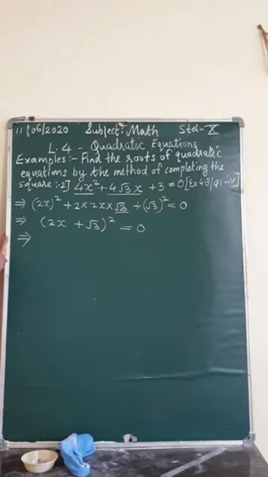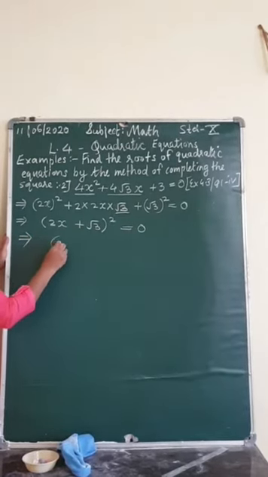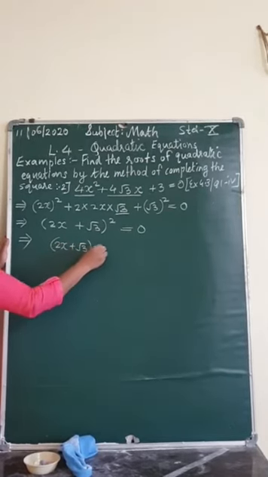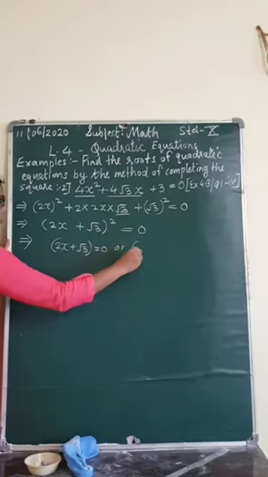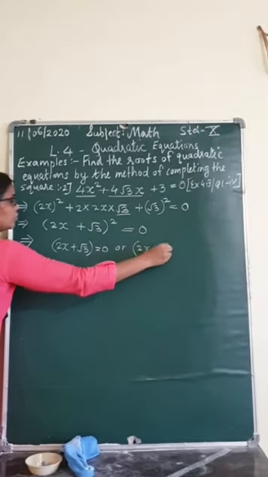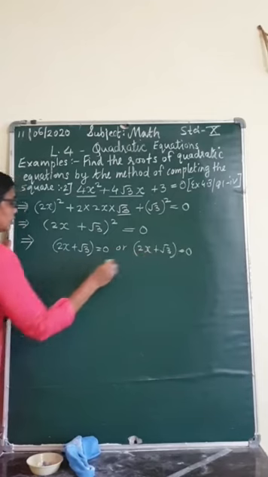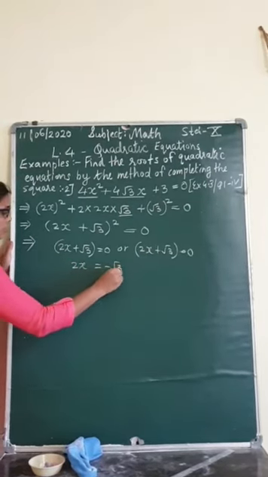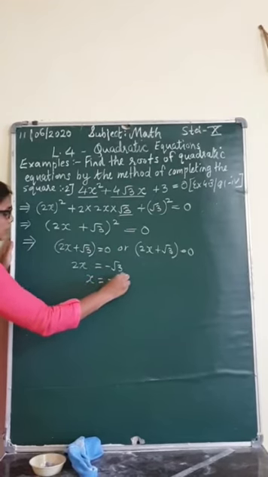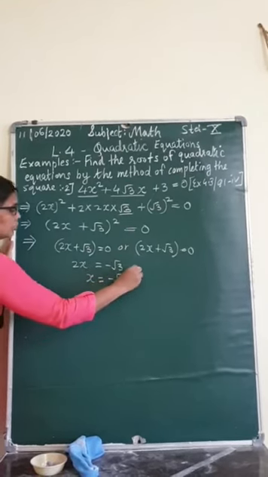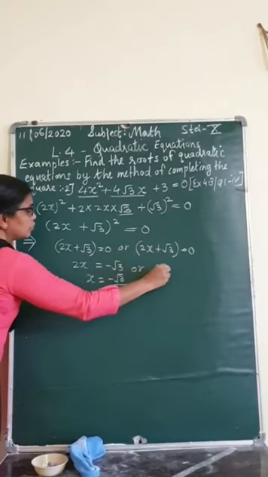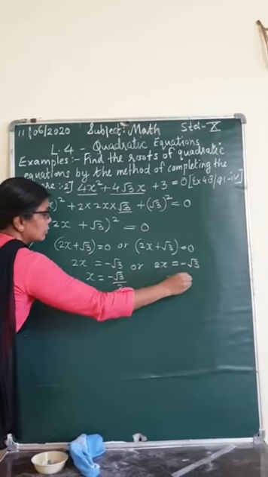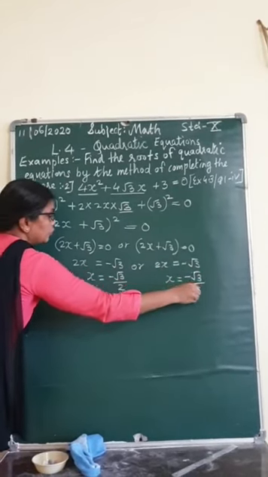It means 2x plus root 3 is equal to 0, or 2x plus root 3 is equal to 0. So here we get 2x is equal to minus root 3, x is equal to minus root 3 upon 2, or in the same way x is equal to minus root 3 upon 2.